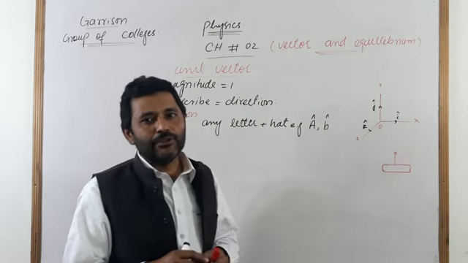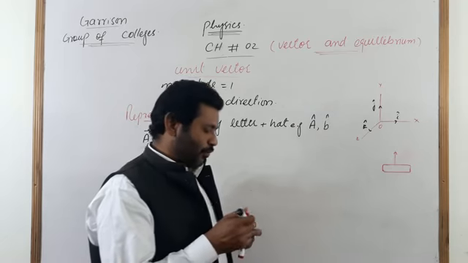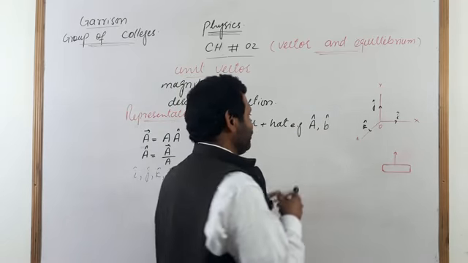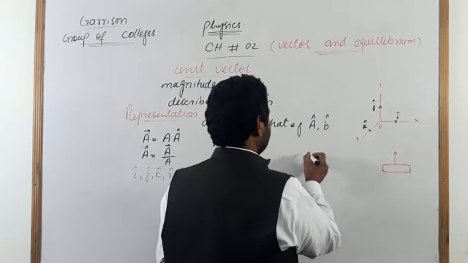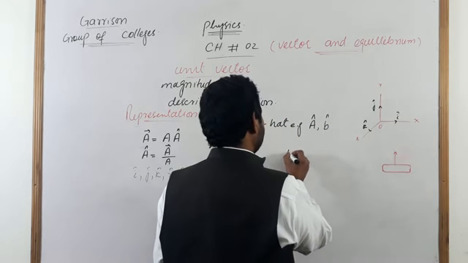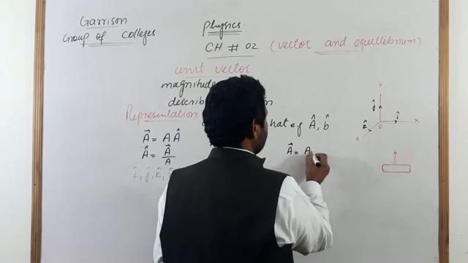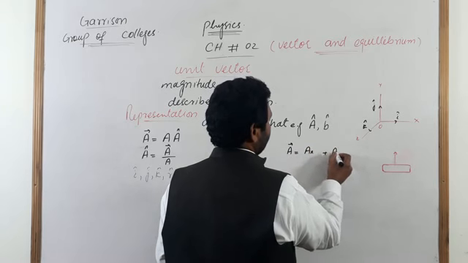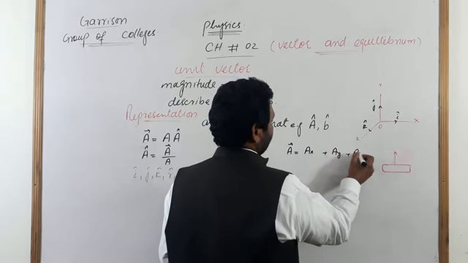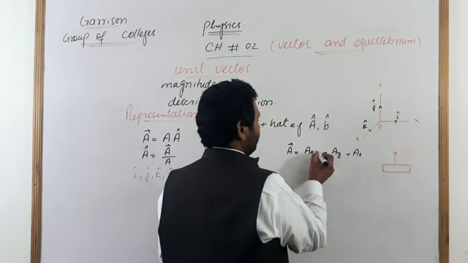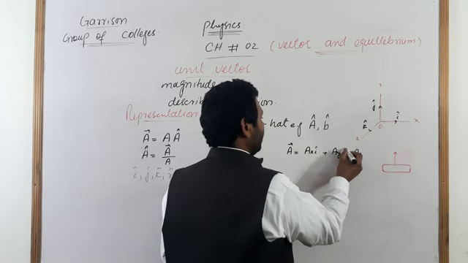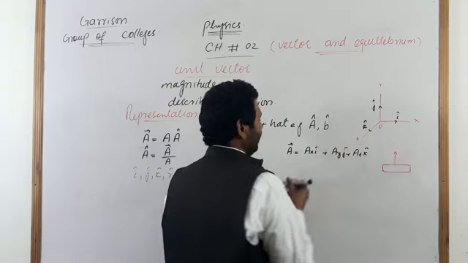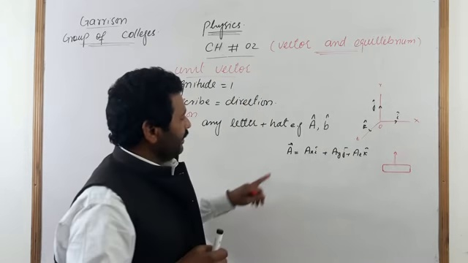Suppose we have a vector in its components form. For example, vector A having components AX, AY and AZ. In direction form, it will be represented by unit vectors in this way.